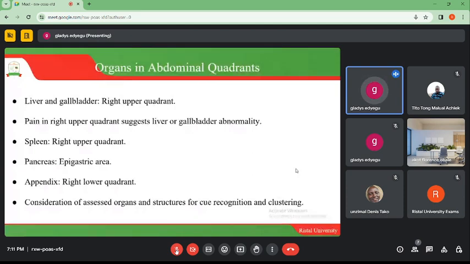So the organs in the abdominal quadrants, you have to know there are different organs in different abdominal quadrants, and I want to encourage us to know the different quadrants of the abdomen so that we can know the location of the different organs. As we auscultate, we can be able to tell this side I've listened, and that is the liver on the right upper quadrant.